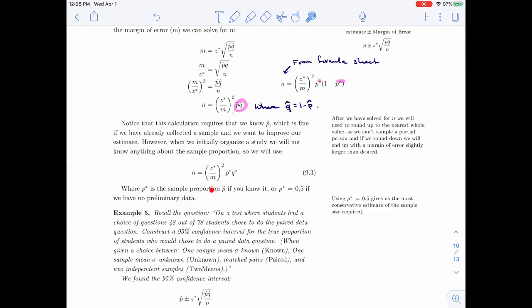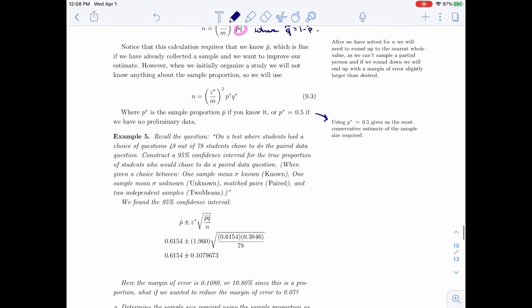So if you've collected a sample previously and you have some P hat, then you can use that P hat. But if you don't know anything about how this proportion is going to behave, then you can use P star as 0.5. I've just got a note here that if P star is 0.5, then 1 minus P star is also 0.5.